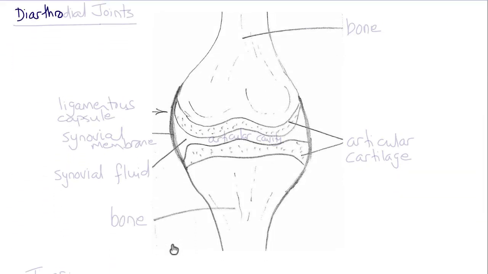So let's take a look at a typical diarthrodial joint between two long bones. So here are the bones, here and here. This is the ligamentous capsule, and the inner surface of it is lined by the synovial membrane.